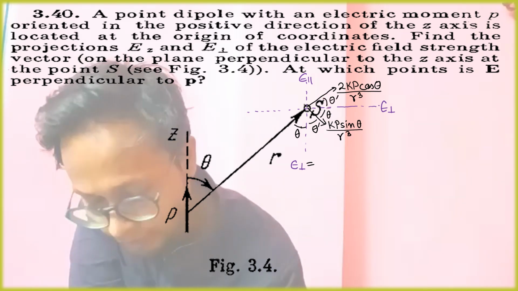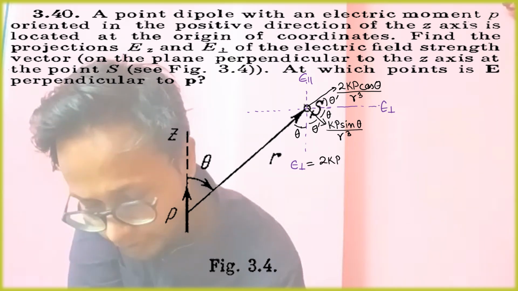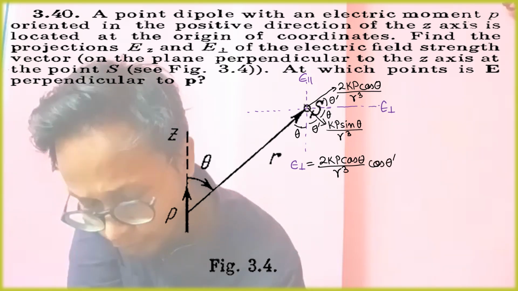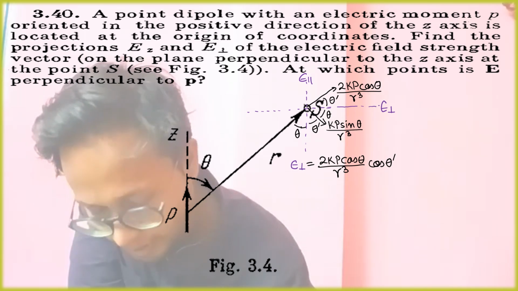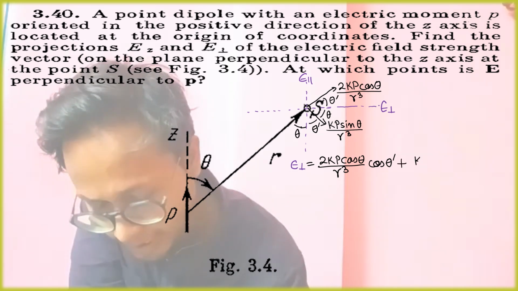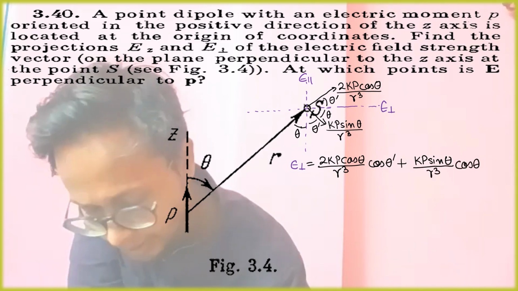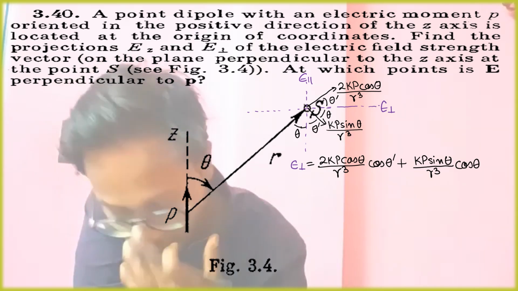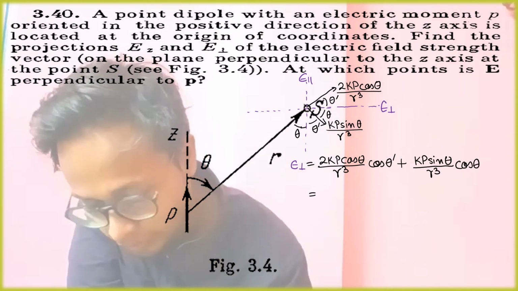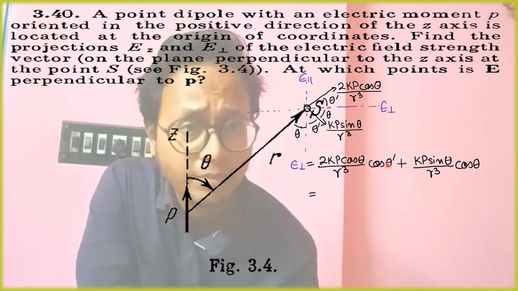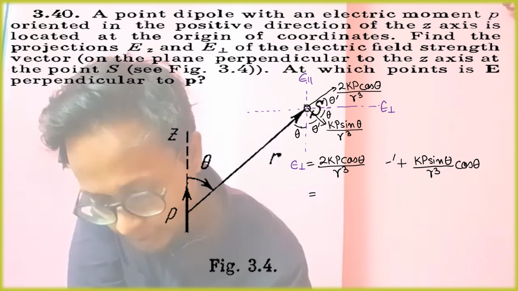So E perpendicular is nothing but 2kp cos theta by r cube into cos theta dash, that means the component of this vector along this line, plus kp sin theta by r cube into cos theta, that means the component of this vector along this line, isn't it? Cos theta dash is cos 90 minus theta, and cos 90 minus theta is nothing but sin theta.